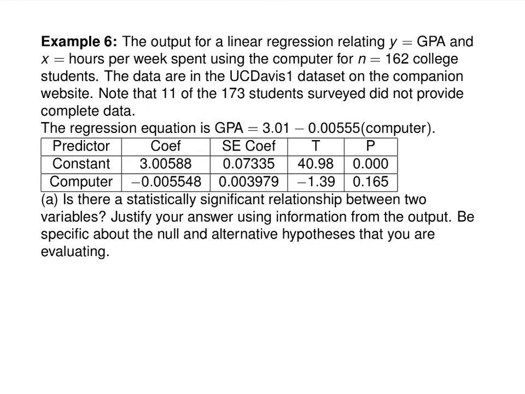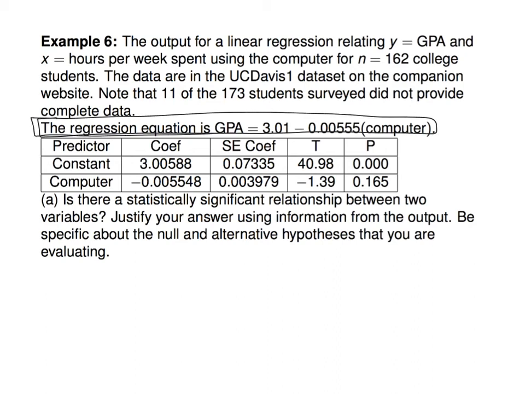So the output for a linear regression relating y equals GPA and x equals hours per week spent using the computer for 162 college students is on the companion website. And 11 of these 173 students did not provide complete data. But here is the regression equation for the GPA.